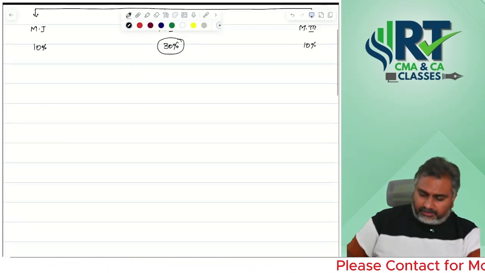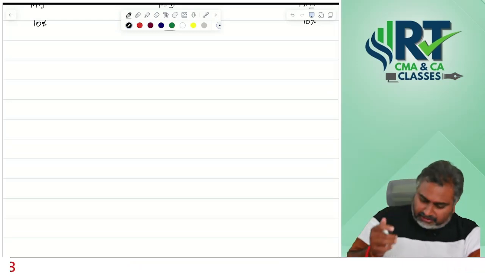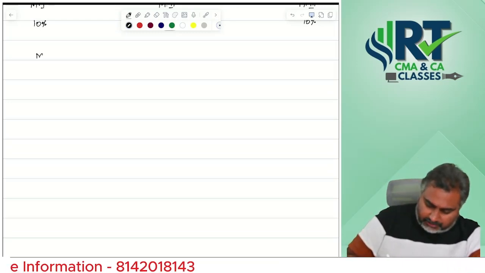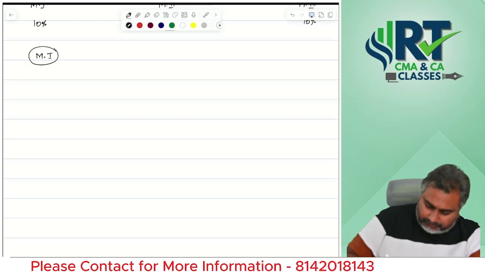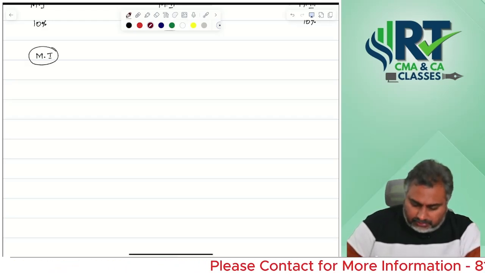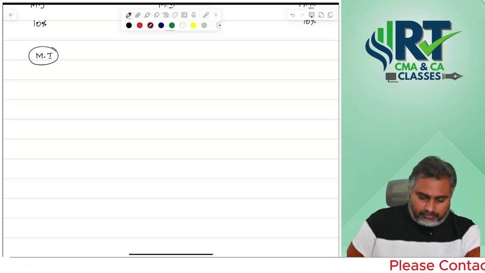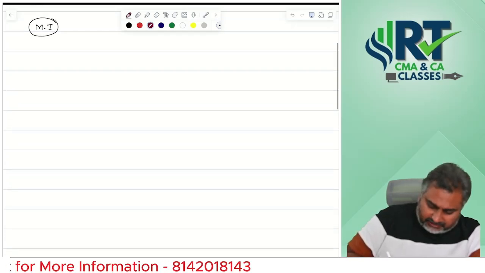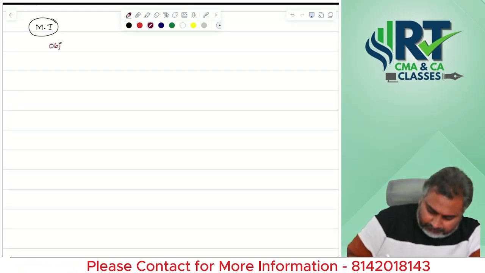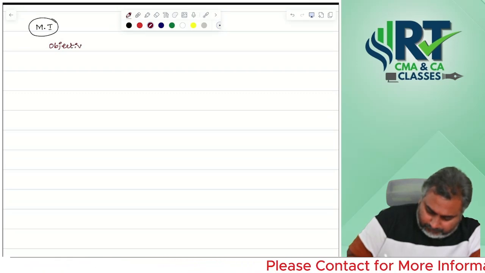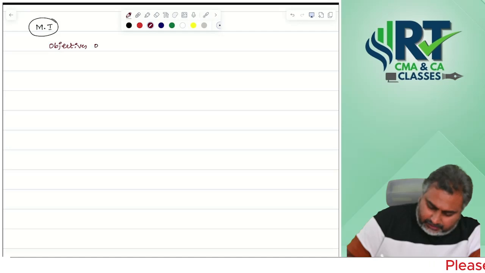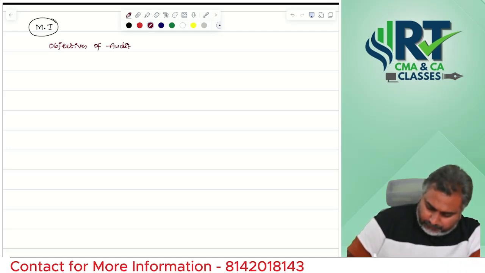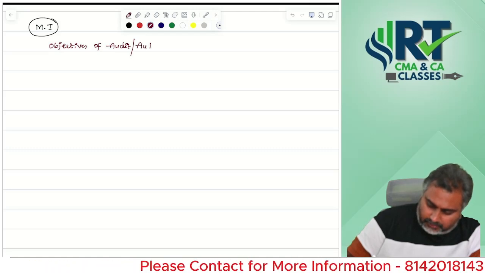I will explain in detail under Module 1 which things we are supposed to cover, which questions you should concentrate on more. The first point you need to focus on is the objectives of the auditor or audit.